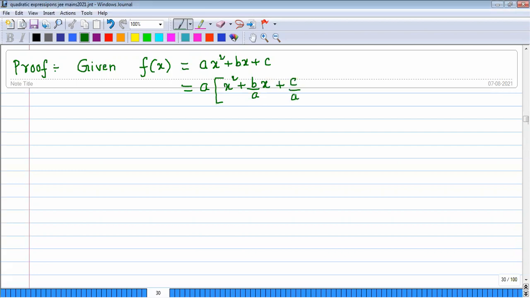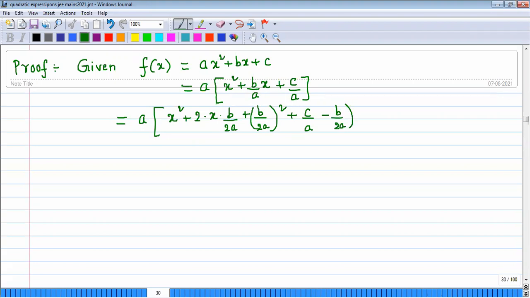So now let us put this x square plus b by a x as a perfect square. That means we can write it like this: a times x square plus 2 into x into b by 2a, plus b square term added, that means b by 2a whole square, plus c by a, subtract this b by 2a whole square.